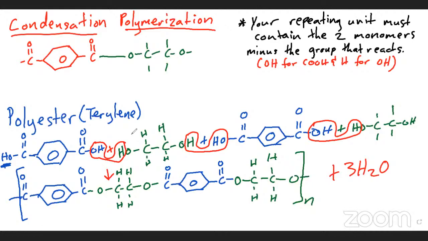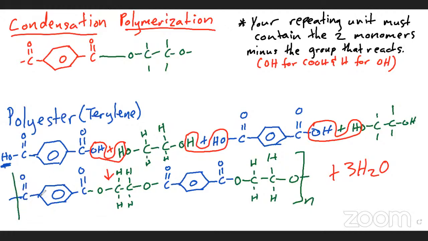So all I need to do, if you want to start from the end, let me just erase this for a moment. So look, start with your acid. It must not have the OH on it. All right, so let's start from here.